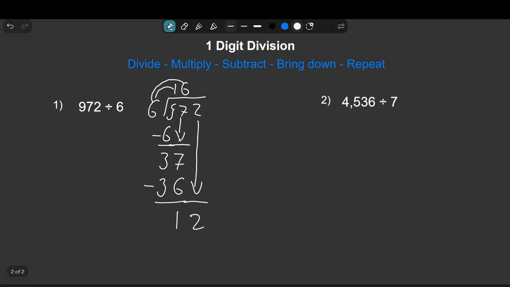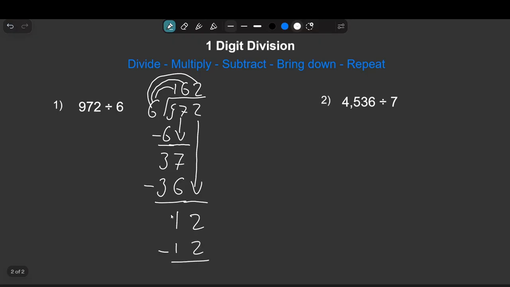So now for the last time we have to repeat one more time. Again we see how many times does 6 fit into 12. 6 times 2 equals 12, so it fits. So the 6 fits 2 times into the 12. We write a 2 right here, and again we multiply the 2 by the 6 and we get 12.